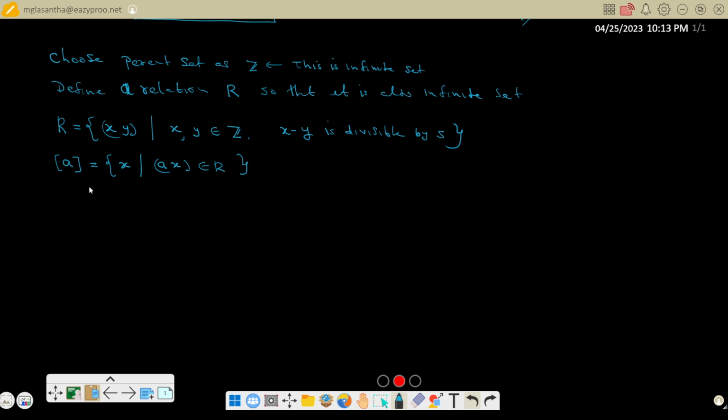According to this definition, what is the class of 0? Those x such that (0, x) belongs to R. Does (0, 0) belong to R?